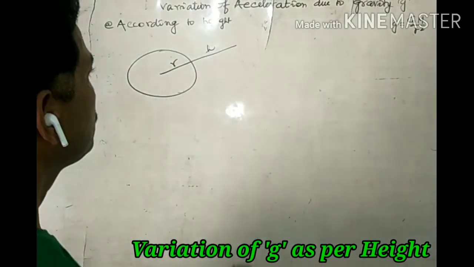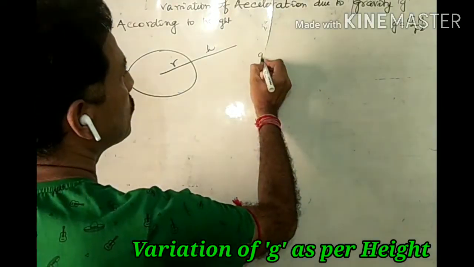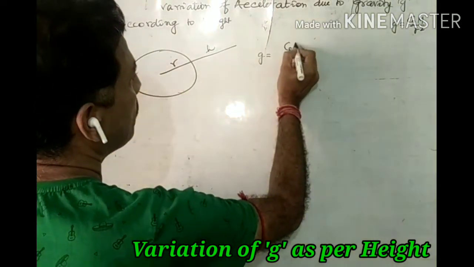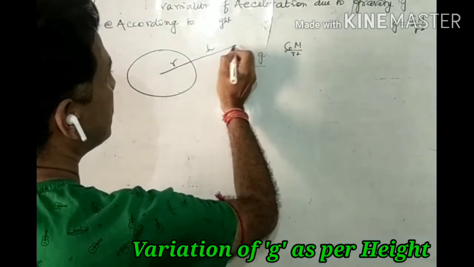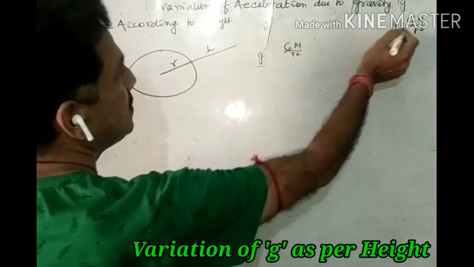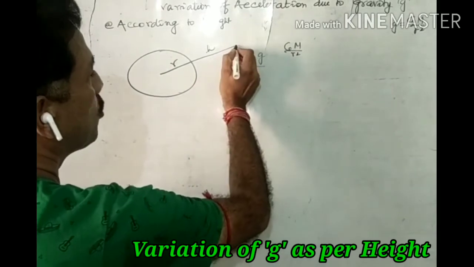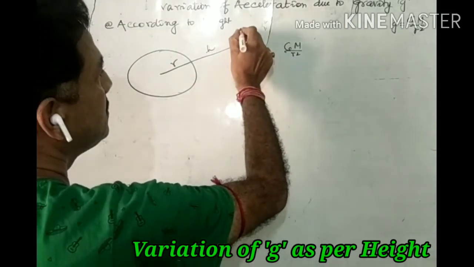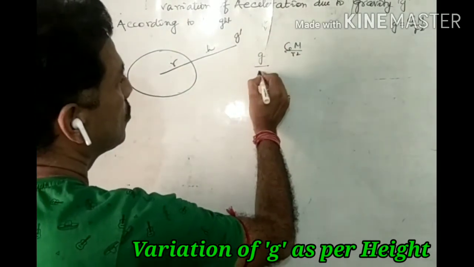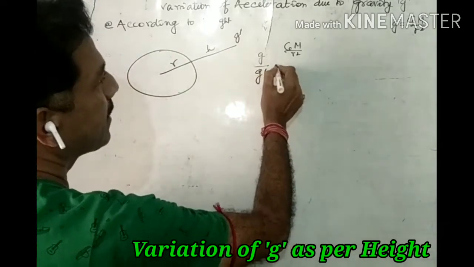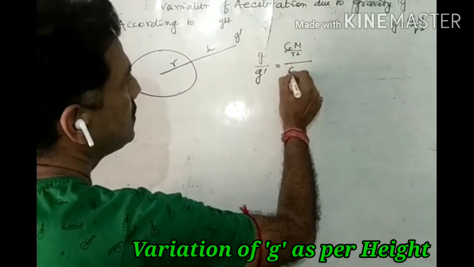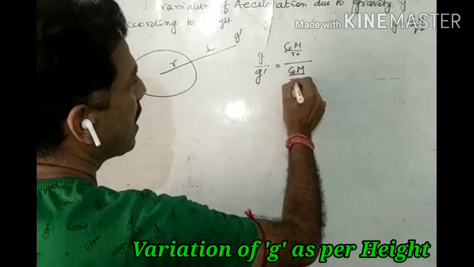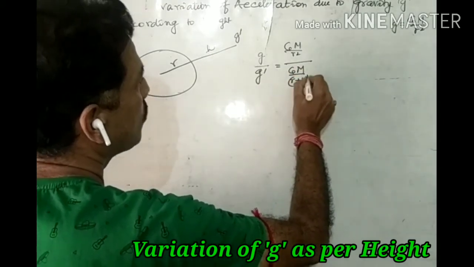See here, g equals GM by R square. Suppose at this point the value of g is g dash. So g by g dash, the value of g is this, and what will be the value of g dash? GM by (R plus h) square.